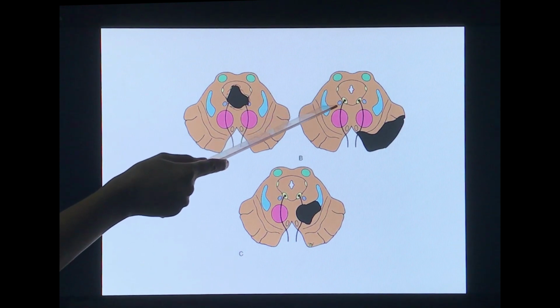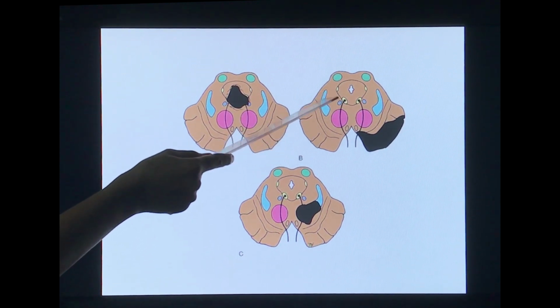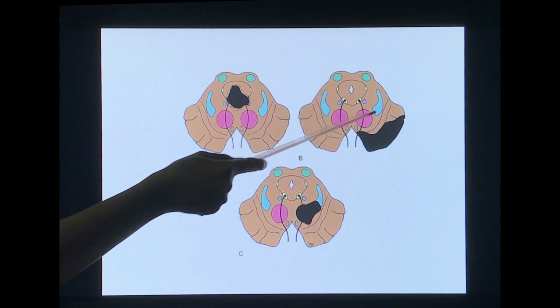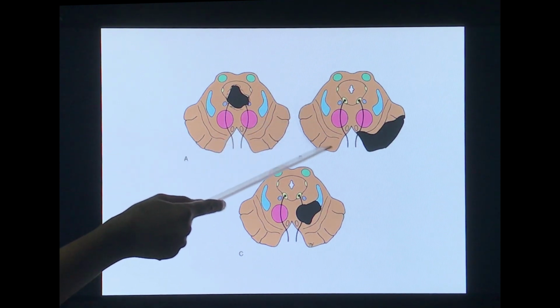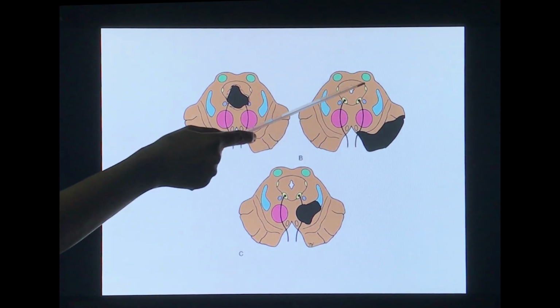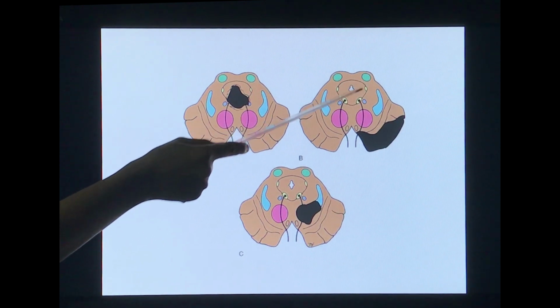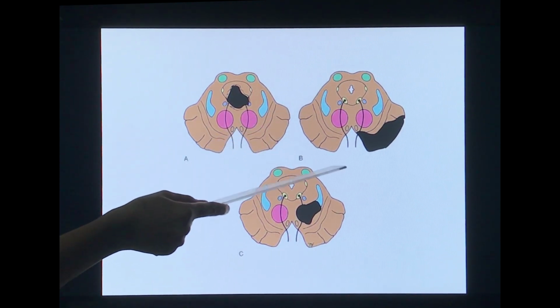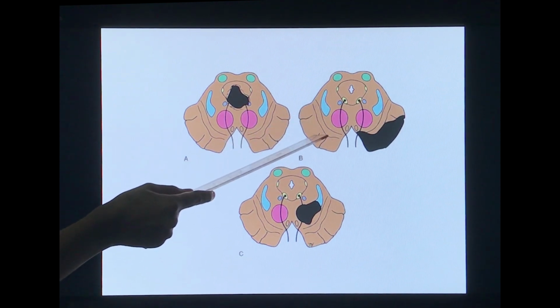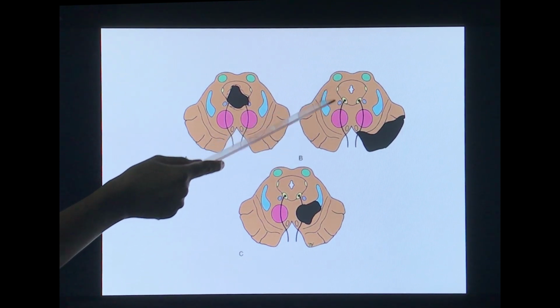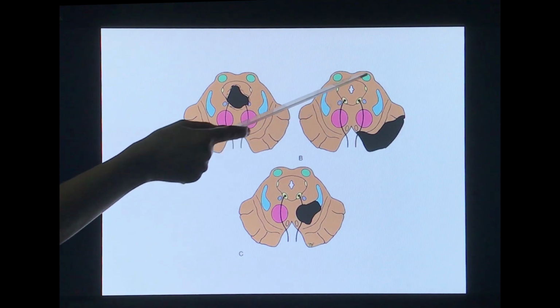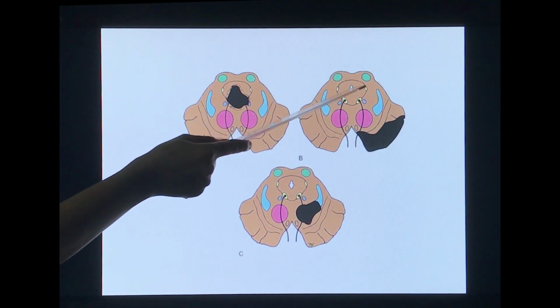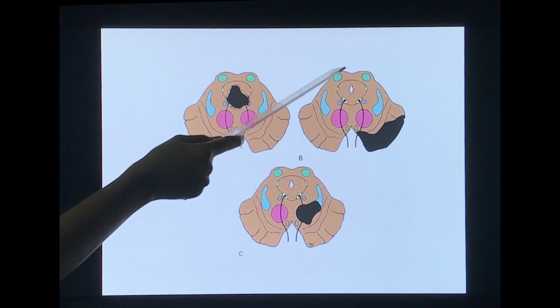The part over here behind the substantia nigra is the tegmentum, and this whole thing is the cerebral peduncle. The part lying anterior to the cerebral aqueduct is the peduncle. The peduncle is divided by the substantia nigra into the anterior crus cerebri and the posterior tegmentum, and the part lying posterior to the cerebral aqueduct is the tectum.